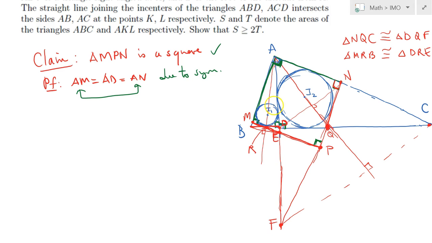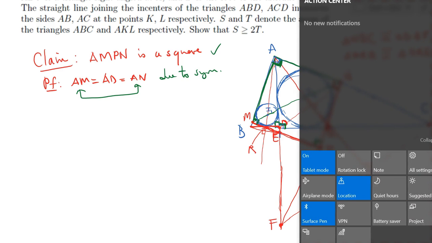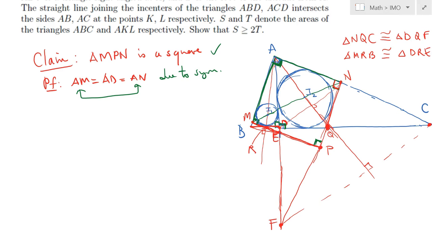But now notice that the incircle centered at I1, the diagonal MN of this square will go through that incenter, and it will also go through the incenter I2 as well, due to the nice symmetry, with the incircle touching the sides of the square here and here.